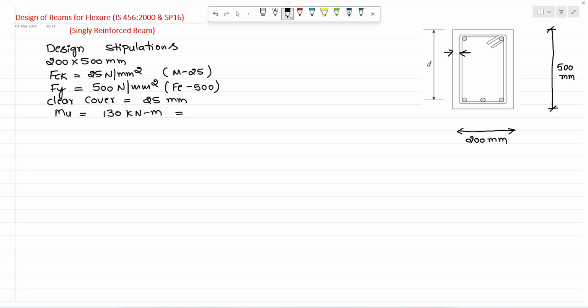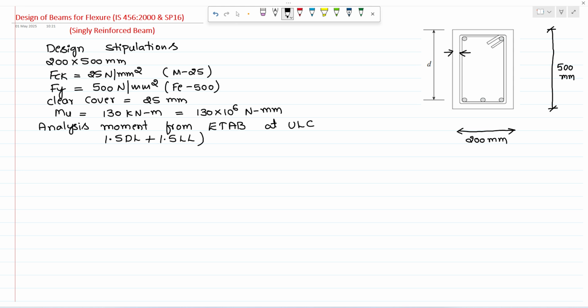So I will convert this to Newton millimeter: 130 into 10 power 6 Newton millimeter. So this is my analysis moment from ETABS at ultimate load combination. The ultimate load combination will be 1.5 times dead load plus 1.5 times live load.